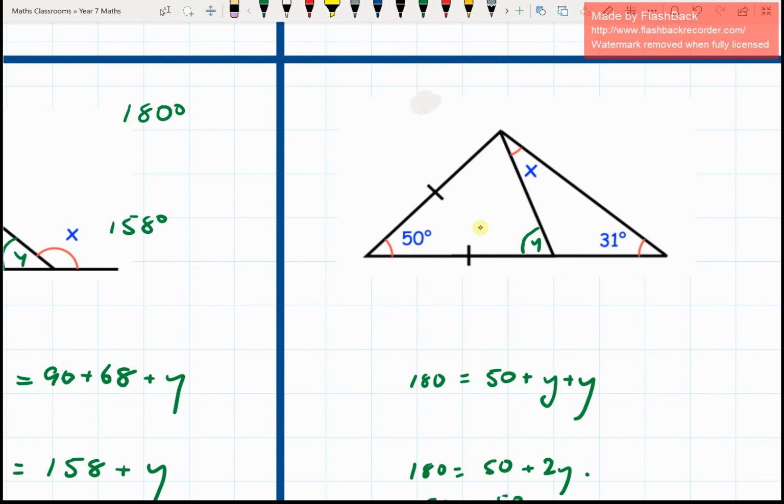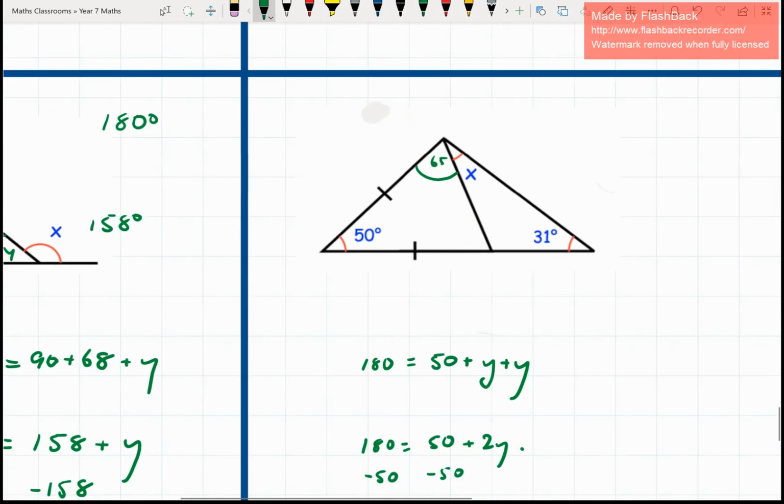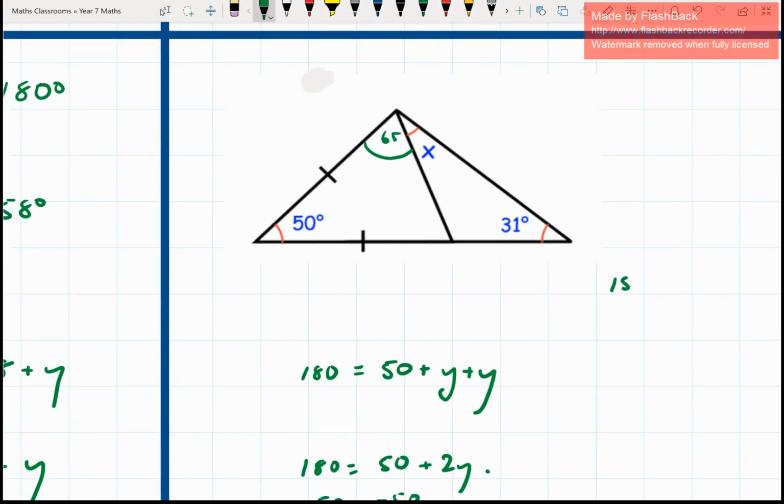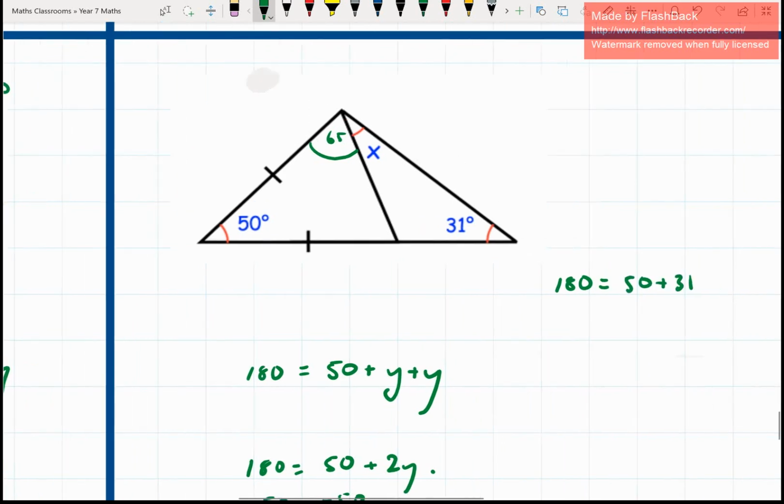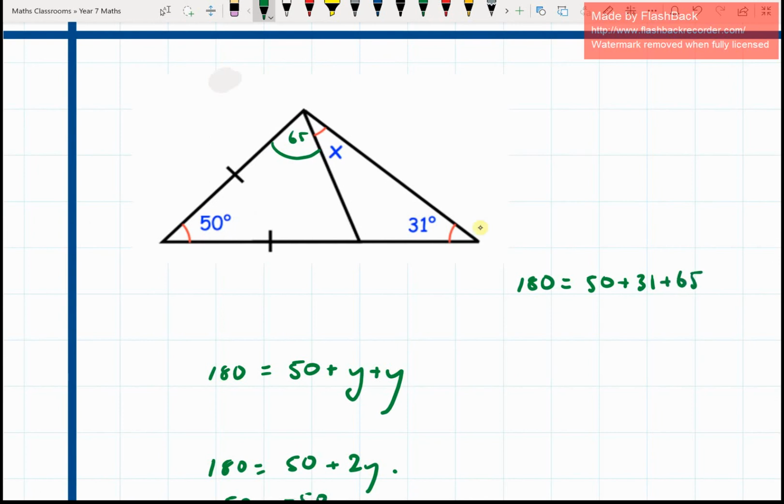So that means that this angle up here is going to be 65. Okay, so now I've got these three angles. Again, I know that all of these interior angles equal 180. So that would be 50 plus 31 plus 65 plus x, which we don't know. We add all of these up together. So 50 and 31, let's do that first.